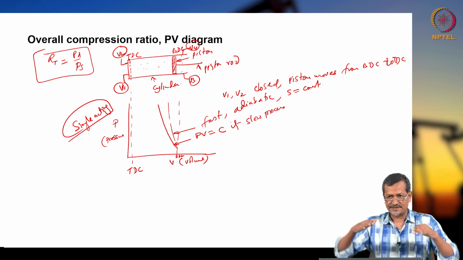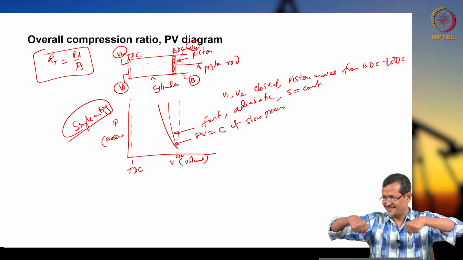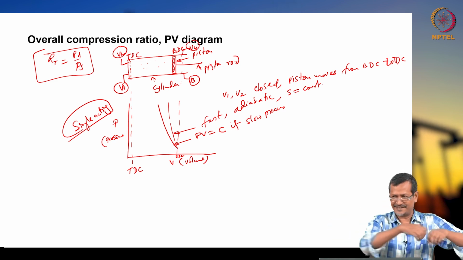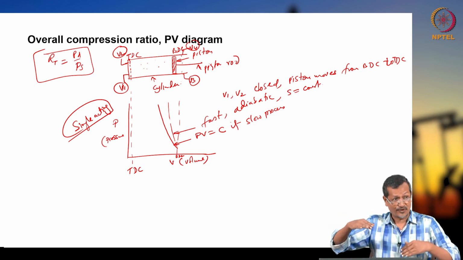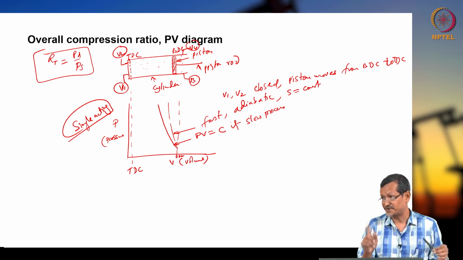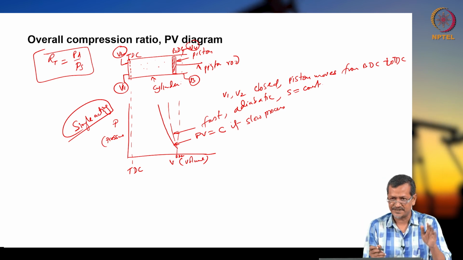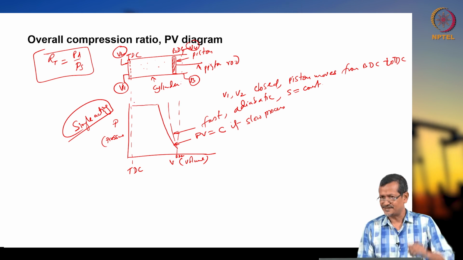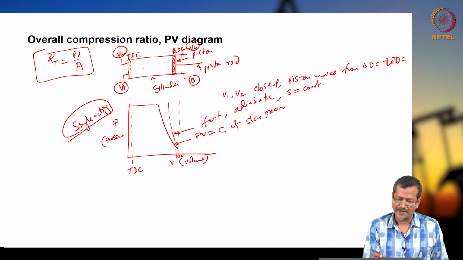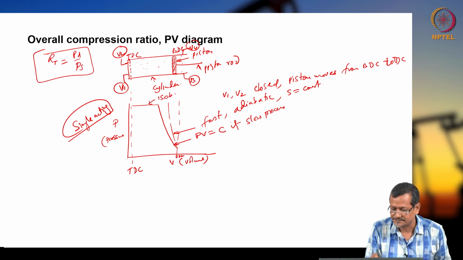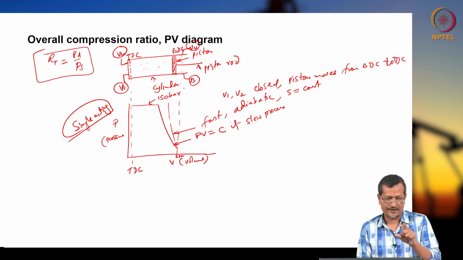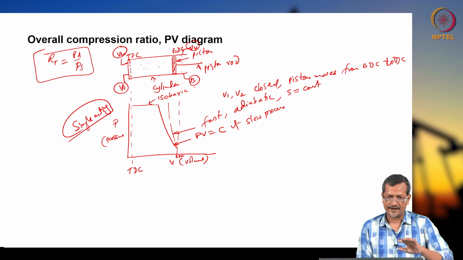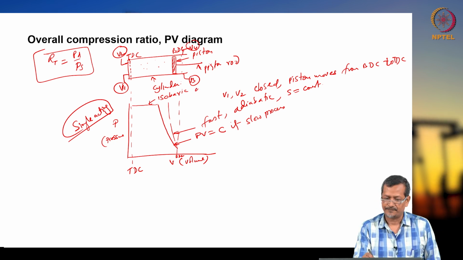So you have to reach a certain pressure, then air will be entering. When air is entering, that is a constant pressure process. So I compressed it, then air enters my cycle tube at constant pressure. This is called isobaric air entry into the cylinder, or air delivery.